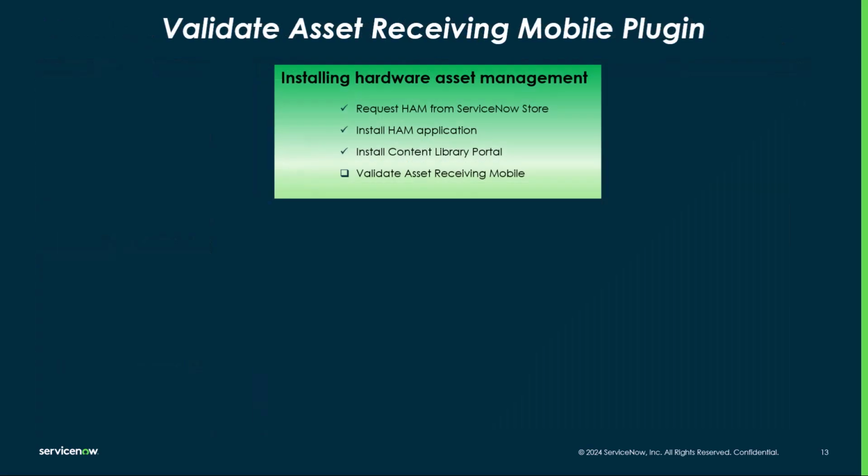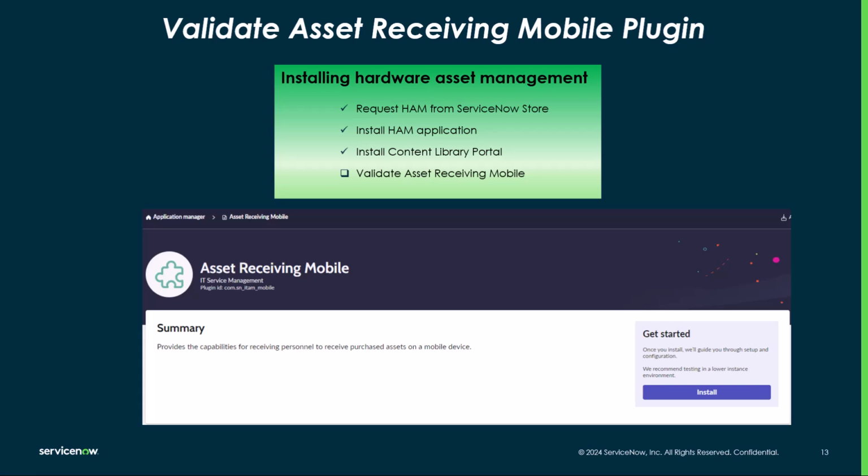Okay, so now that we're done installing the content library, there's one more thing you need to check, and you want to make sure that the Asset Receiving Mobile plugin is installed. So from there, you're going to want to go in again to the Application Manager, and take a look for Asset Receiving Mobile.